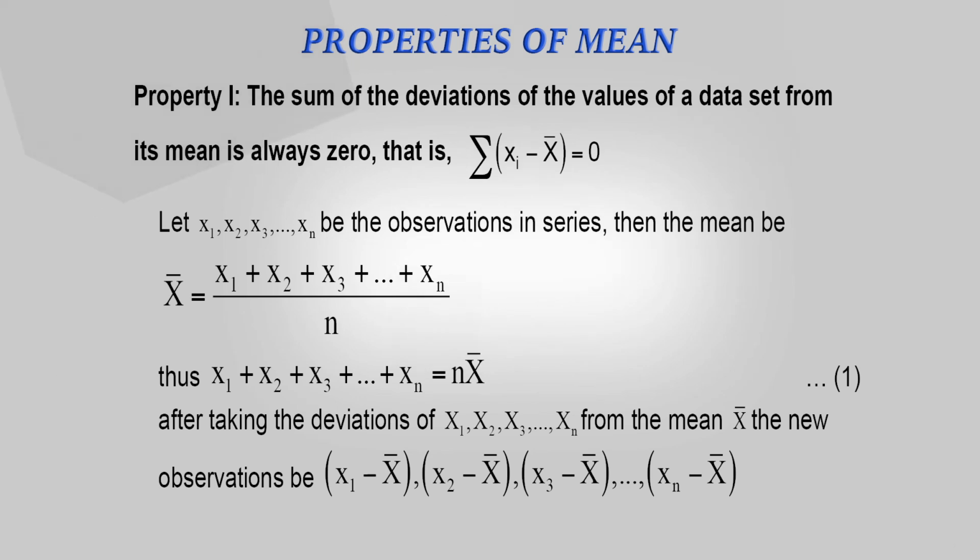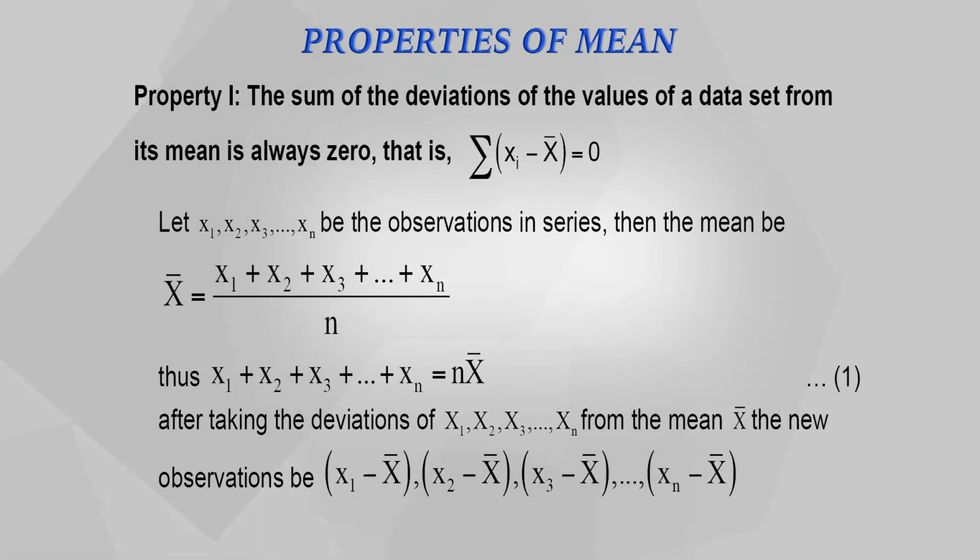Let x1, x2, x3 up to xn be the observations in the series, then the mean will be x bar equal to the sum of observations, x1 plus x2 plus x3 up to xn, divided by the total number of observations, small n.